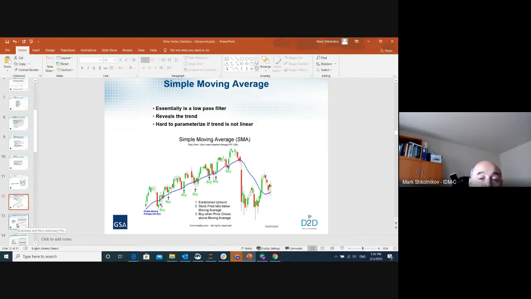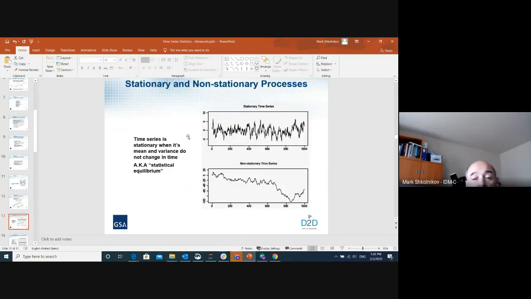There is something also very important to understand in time series analysis, and this is called stationary and non-stationary processes. So, for example, the process on the top is called stationary. First of all, you can see it can be approximated with a line. And by the way, this line will be horizontal, right?